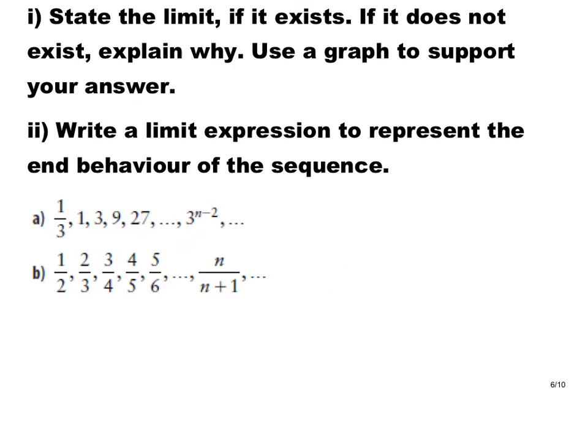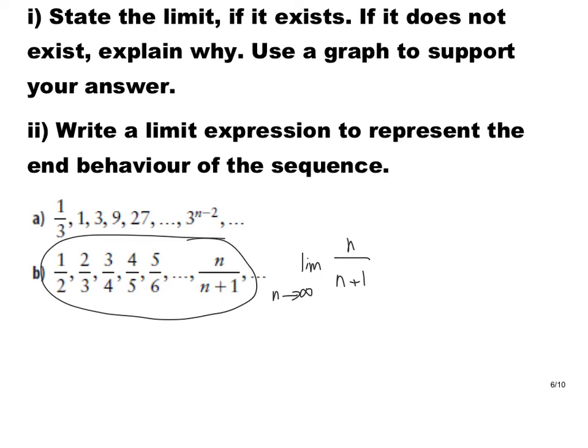The next series is this one. We are going to say the limit of n over n plus 1 as n goes to infinity is the same as, in the numerator, the contributing term is n.